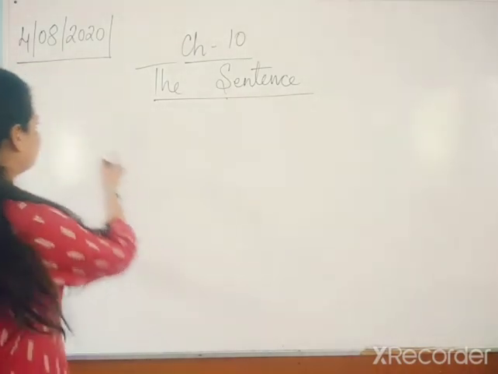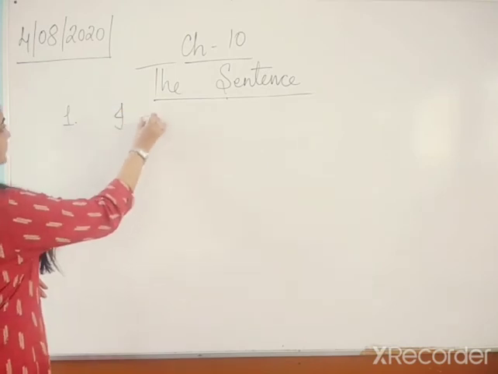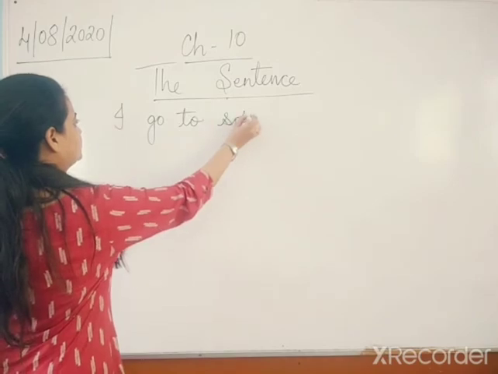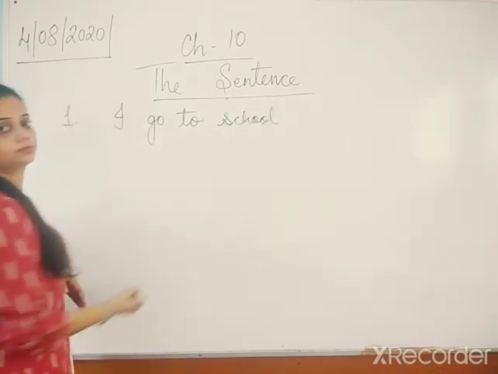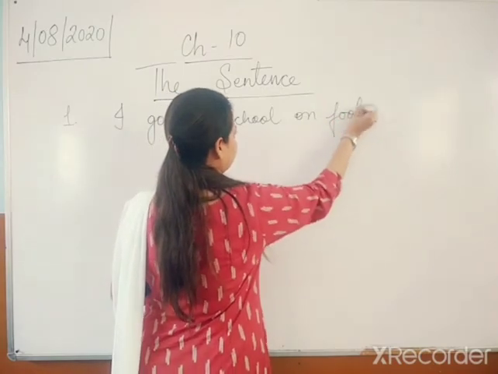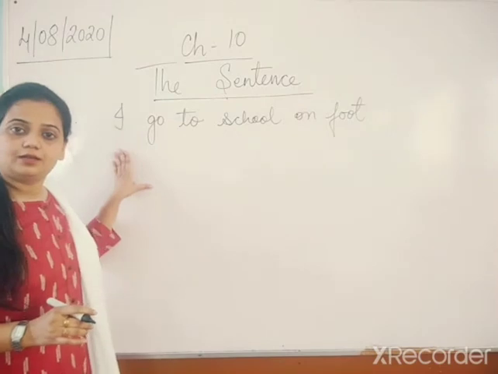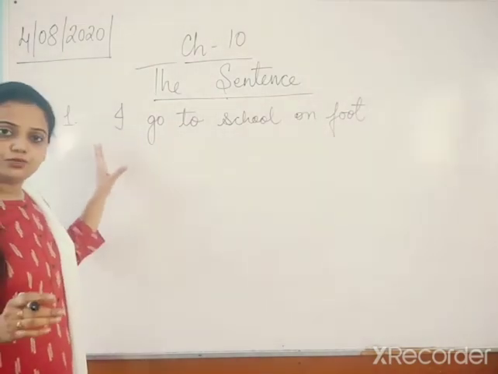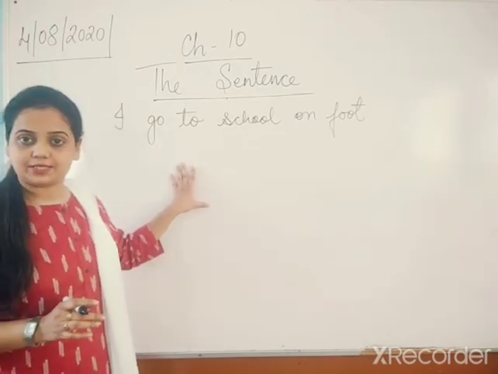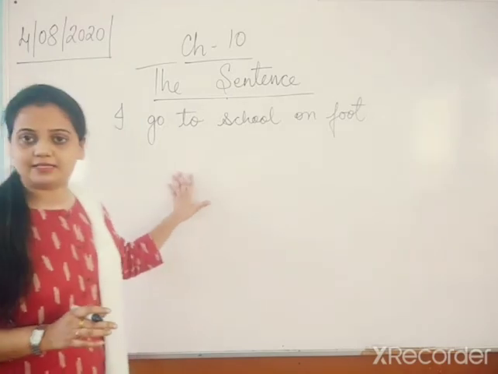Examples. Okay, the first one is: I go to school on foot. If I ask you to circle the subject and underline the predicate, tell me what is the subject in the sentence and what is the predicate.